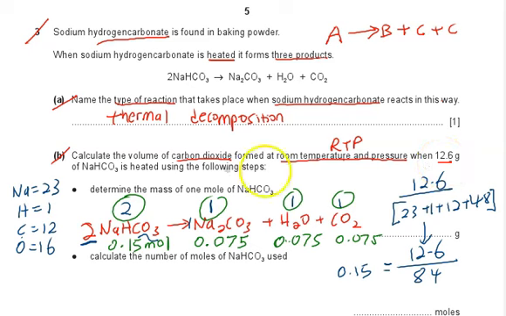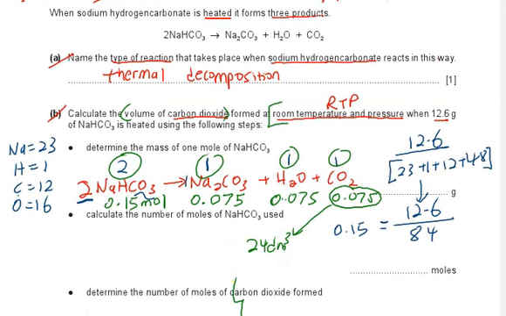Now they are asking for the RTP volume of carbon dioxide. So we just have to take the mole and multiply it with 24 dm cubed, and we will get our answer here, 1.8 dm cubed.